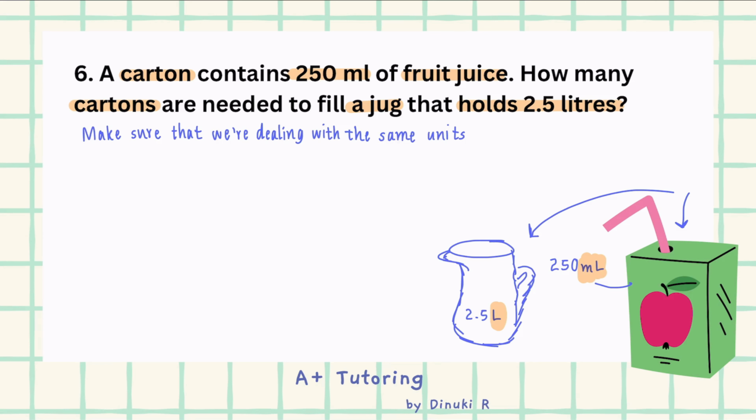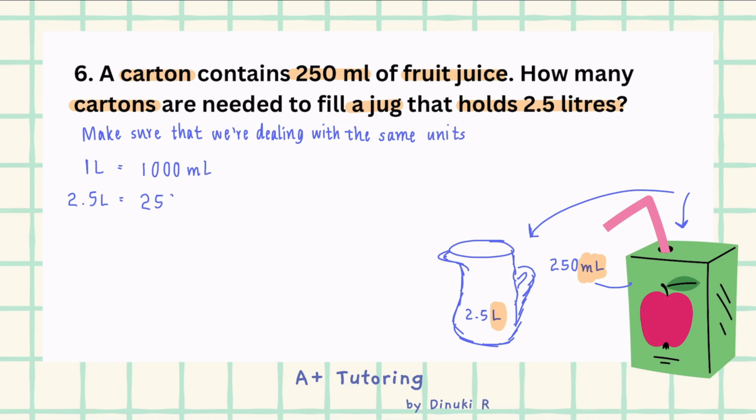So remind yourselves, how many milliliters are there in a liter? 1 liter has 1,000 milliliters. So if we've got 2.5 liters, 2 liters would have 2,000 milliliters. Half a liter is half of 1,000, which is 500 milliliters.